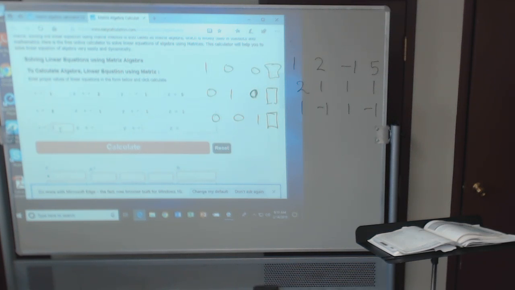What's in front of X? 1. And for Y? -1. Will it let me go -1? Well, it sure did. And Z is 1. And this is -1.